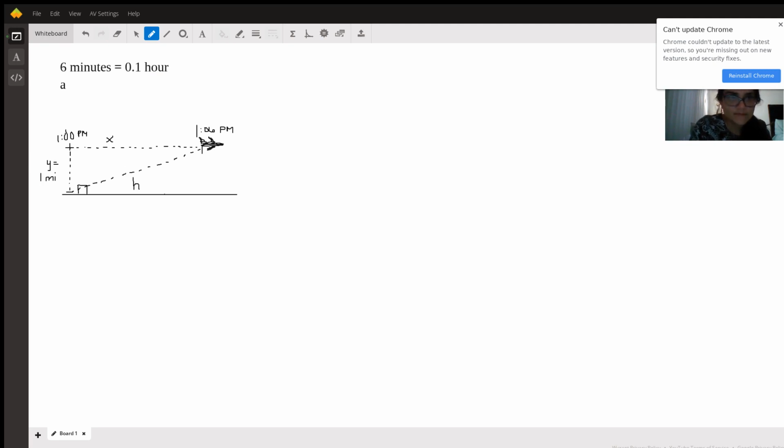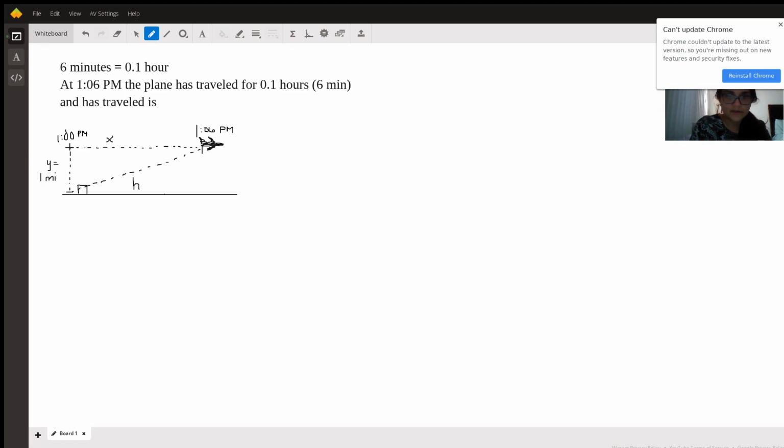So at 1:06 p.m., the plane has traveled for 0.1 hours, or 6 minutes. And the distance that it's traveled can be calculated by using the speed times the time.